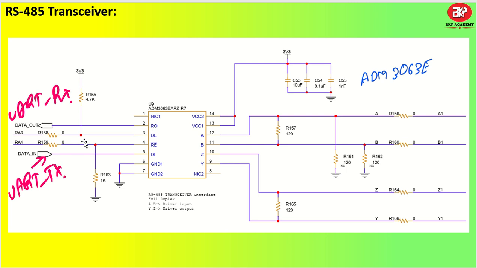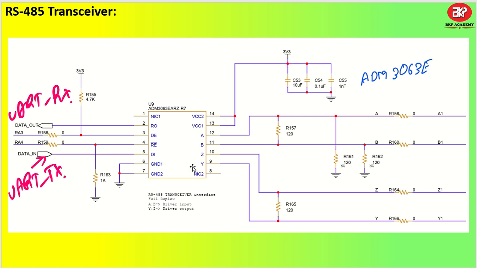The driver enable pin has been permanently pulled up, and the receiver enable pin has been pulled low, so that it will act as transmitter as well as receiver. And if you want to disable them, you can connect these IO pins to our microcontroller GPIO, so that the transmitter and receiver both can be disabled based on the requirement. Suppose you don't want this IC to work while in idle phase, then you can disable it.